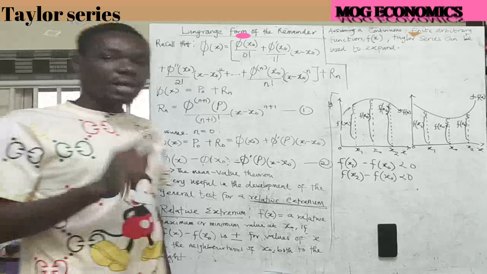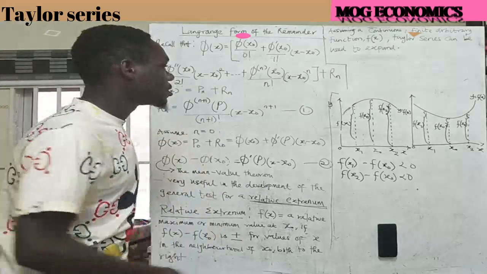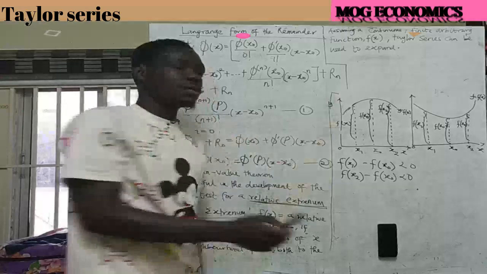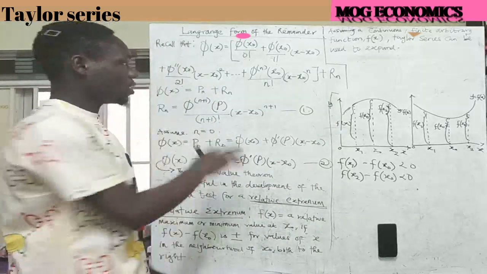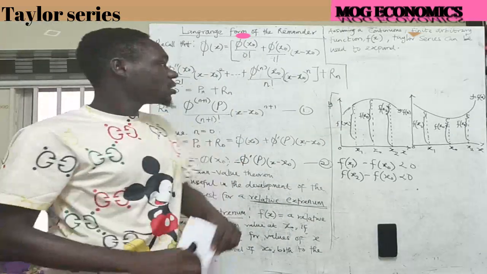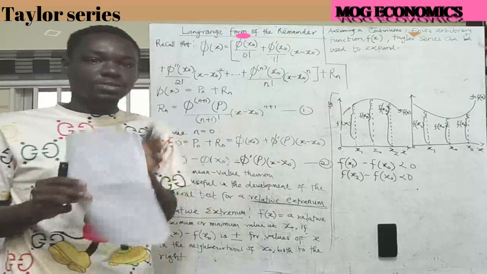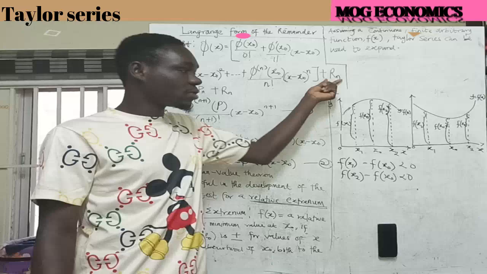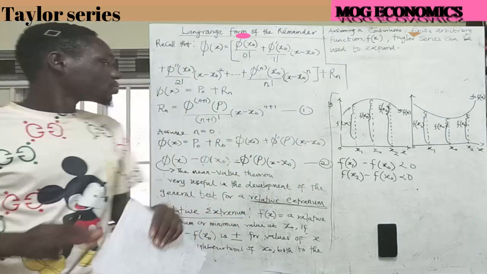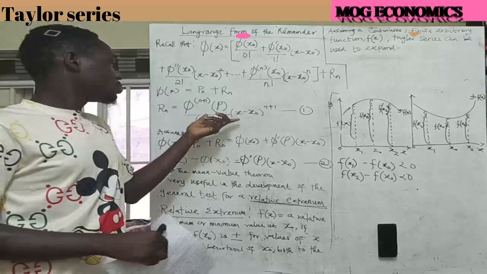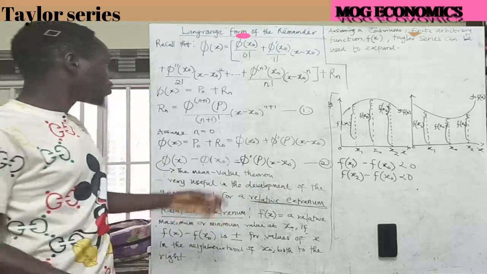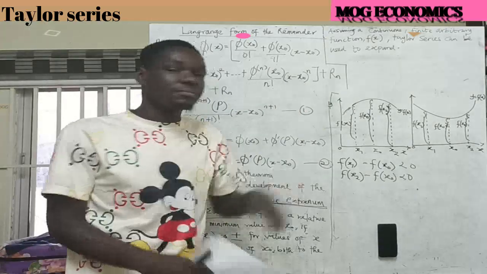But now there's an issue here. When we introduced this formula and only rewrote this, we couldn't have a specific form for this particular entity here. But in this class we need to know the exact form of the remainder term.